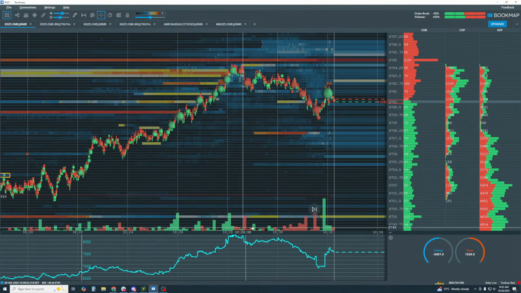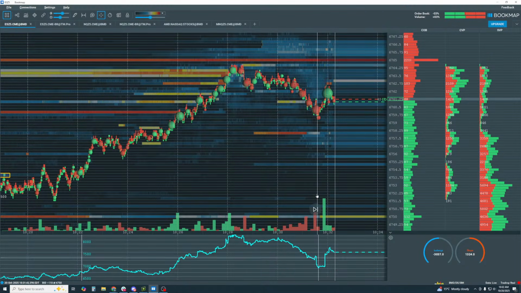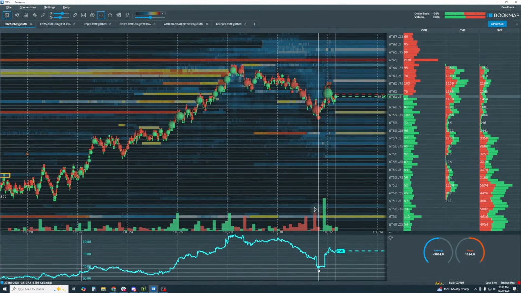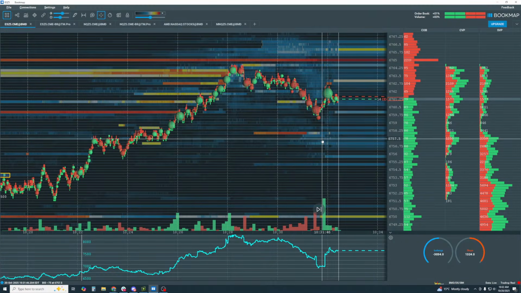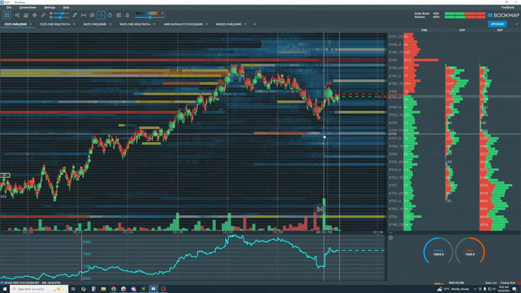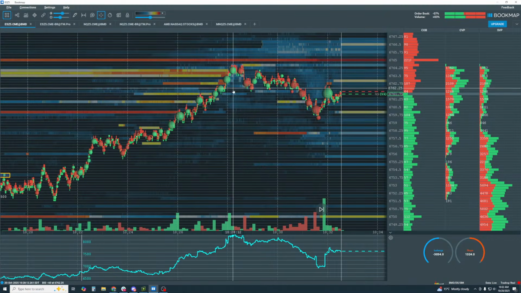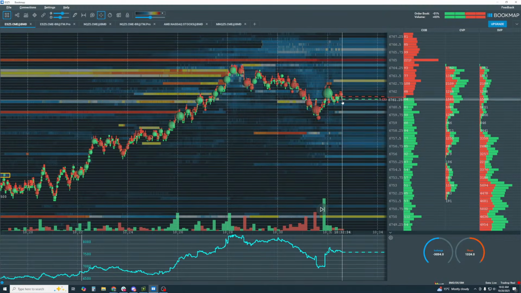Yeah, so strong buying, pretty strong selling though too. Bit stronger buying than selling, but not by much. So not really seeing much, and looking for this profile to start to build out some more here, right in here.